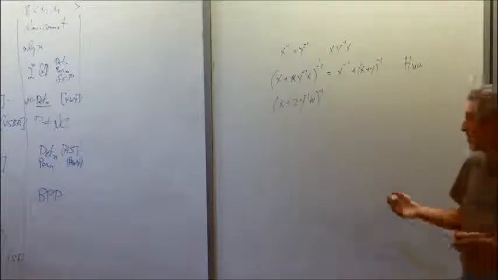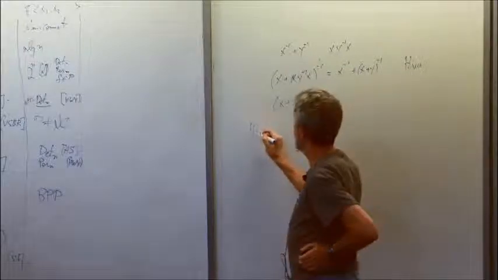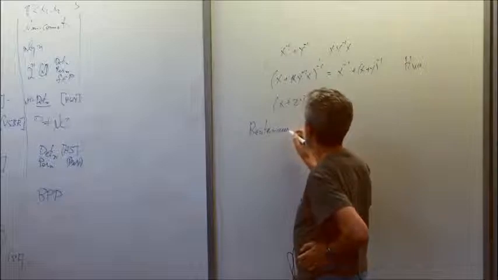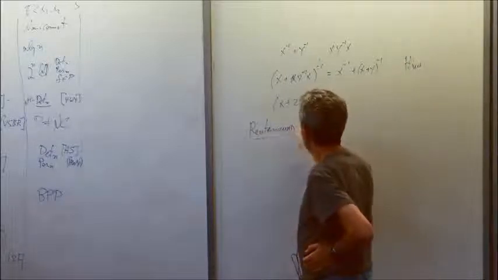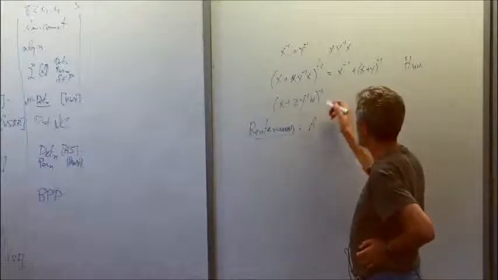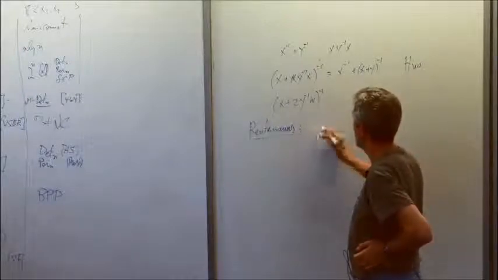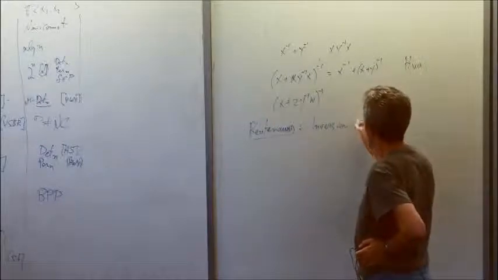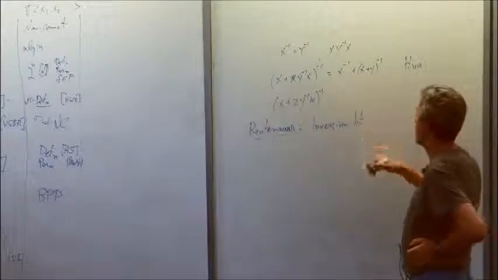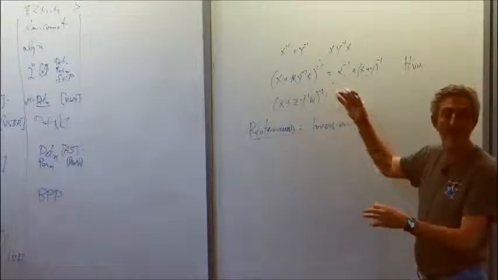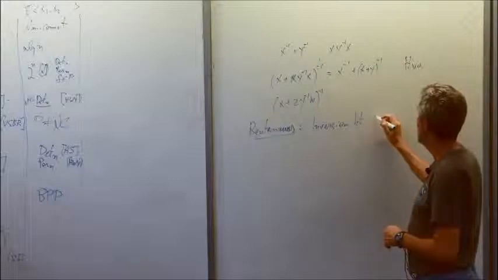And in fact, one of the most important theorems in the field is of Reutenauer, which says that the inversion height hierarchy is infinite. So there will be expressions that you cannot simplify with any number of nested inversions.